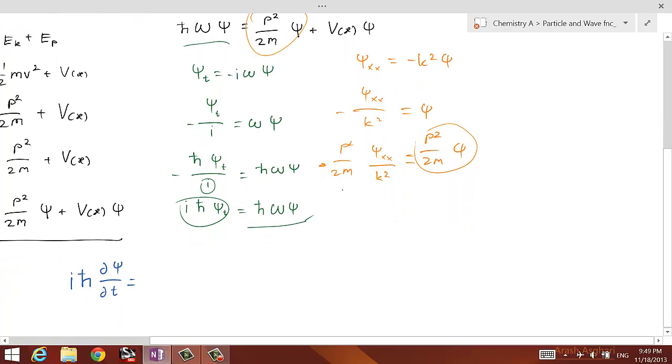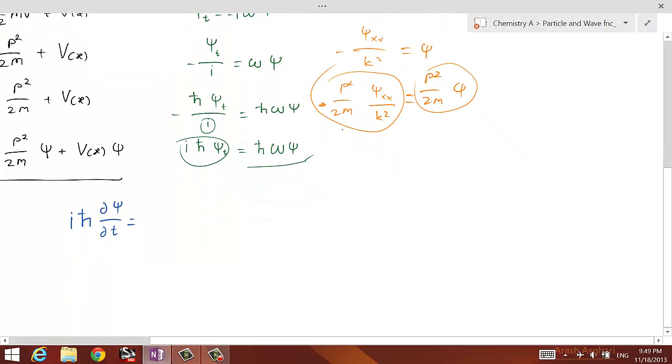But this I will do something more with. I say that momentum is mv, right? As you know, the De Broglie equation, the matter wave equation, lambda is equal to h by momentum, right?